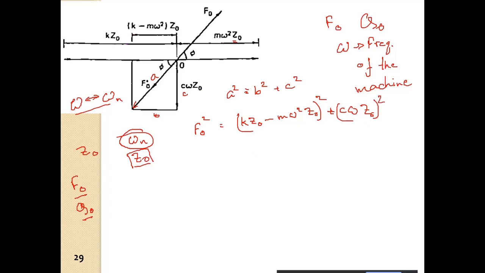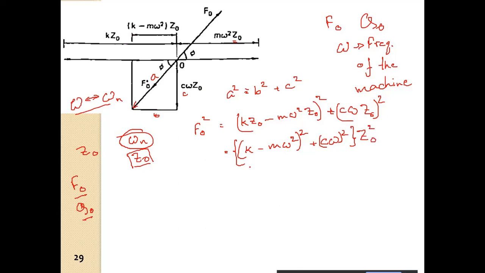Okay, so Z0 square is common, we can take it out. So ultimately we will have K minus M omega square, squared, plus C omega, squared, whole into Z0 square.